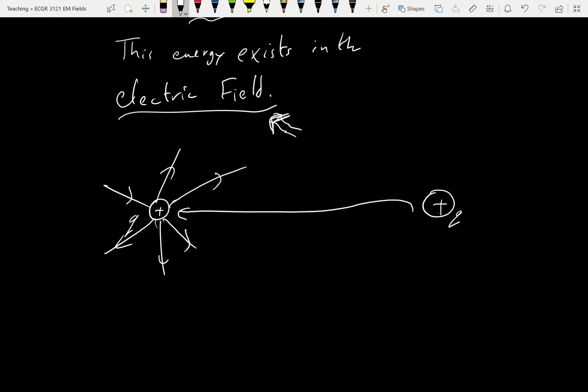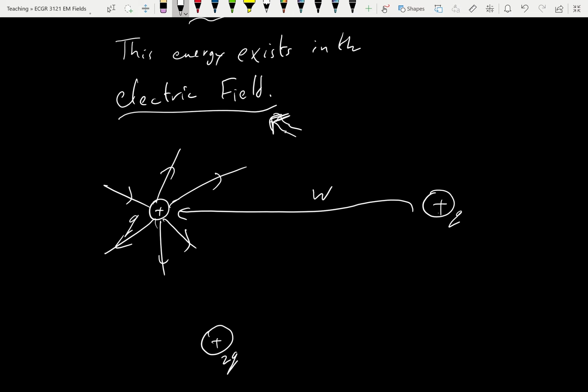If I expend a lot of work to get this very close to this other charge, I will end up with a situation where I have 2Q. So let's say I got this Q very close, such that from my perspective, it appears to be some charge with 2Q.